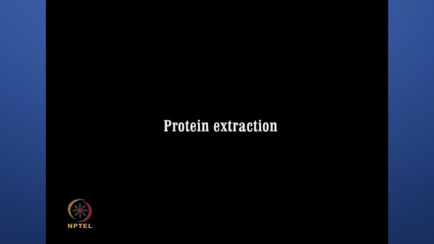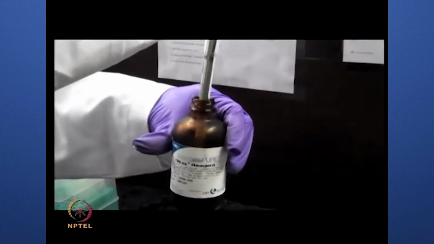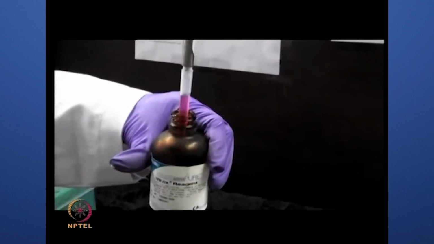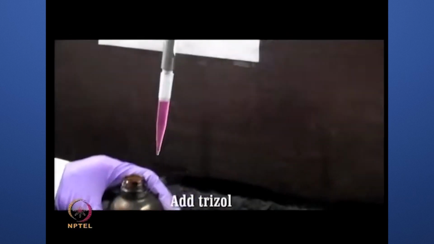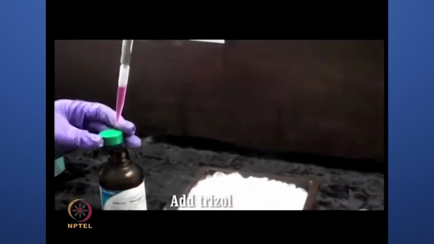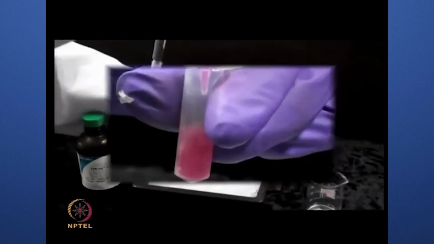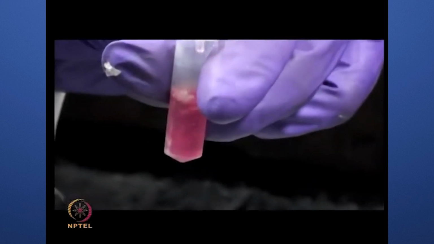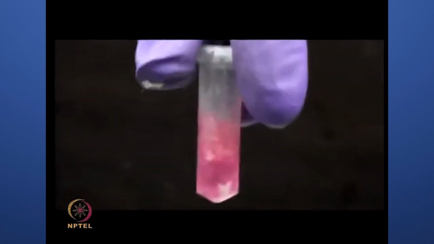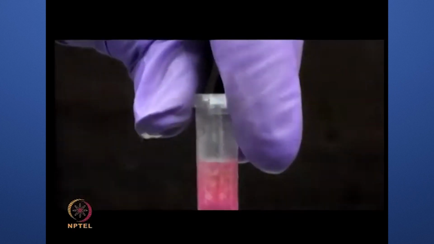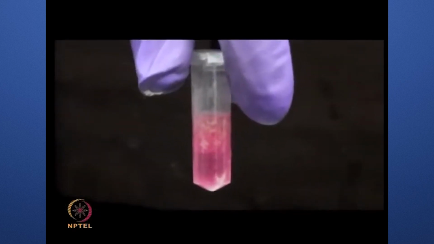Protein extraction. The trizol extraction protocol allows efficient separation of not just the bacterial proteins but also their DNA and RNA. Add the trizol reagent consisting of guanidinium thiocyanate, phenol and chloroform to the supernatant obtained after sonication.